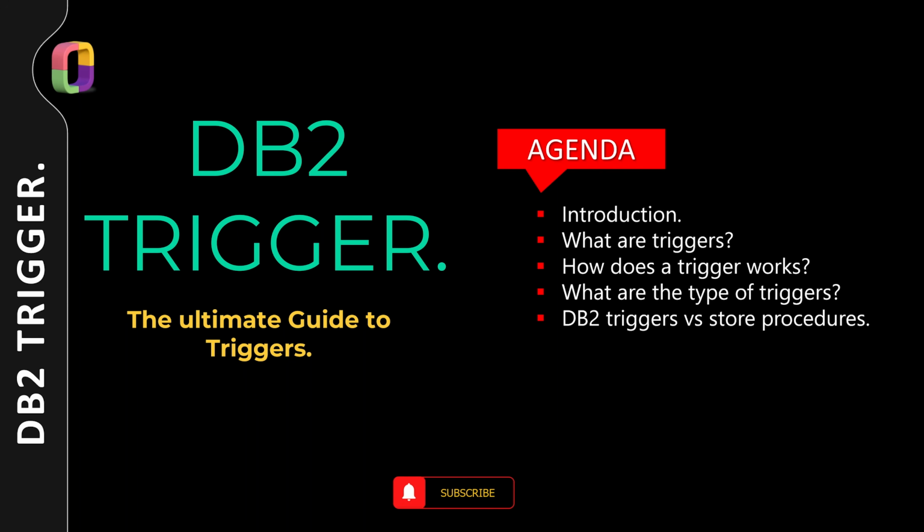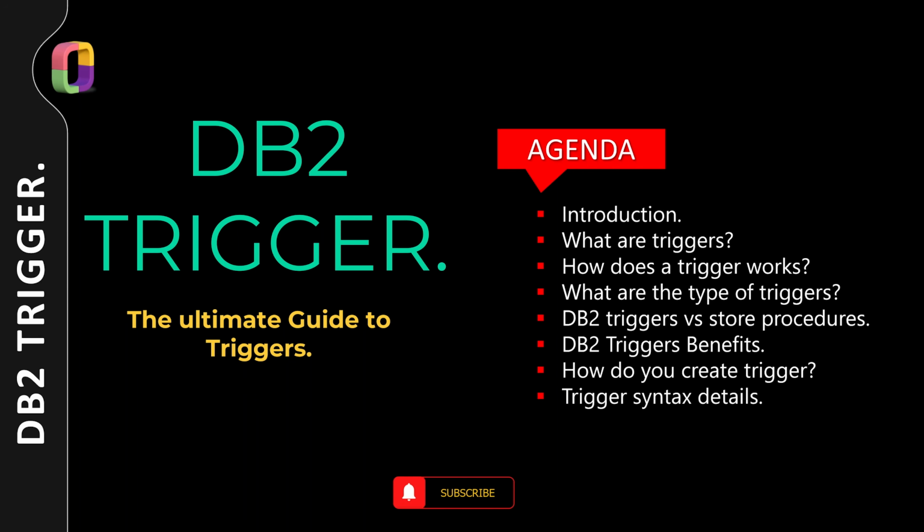We will also learn how to define or create a trigger on an individual table and what the different parameters are that you have to specify when you are creating a trigger with the help of an SQL statement. And we'll conclude this session with an example and a live demo so that you can understand how exactly things work behind the scenes. So let's get started.